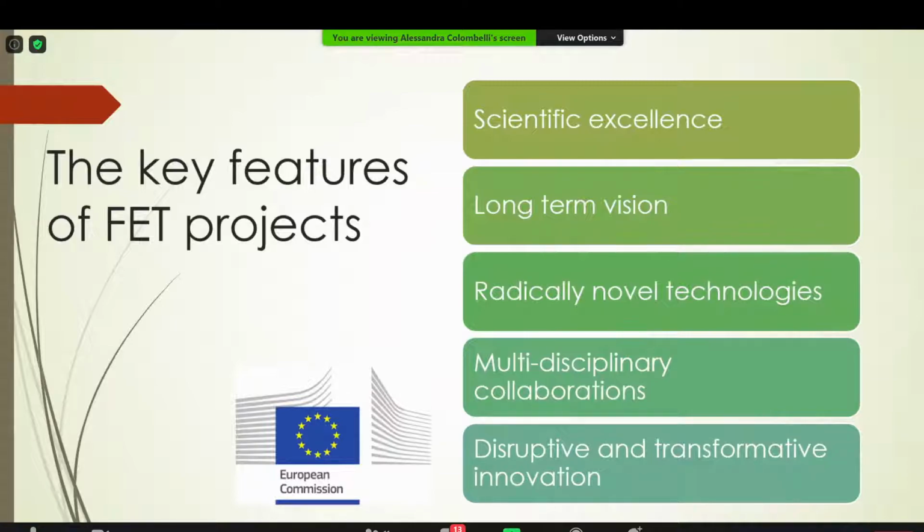In this respect, within this kind of project, multidisciplinarity and interdisciplinarity go hand in hand with radical novel technologies, disruptive and transformative innovation, long-term vision, scientific excellence, but it is relevant and key because it is a prerequisite of this other key feature of the PhET project.